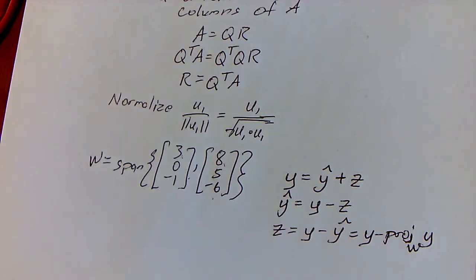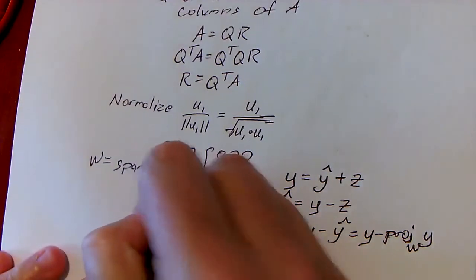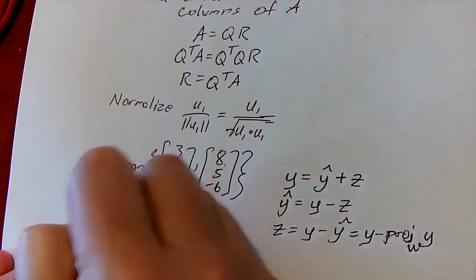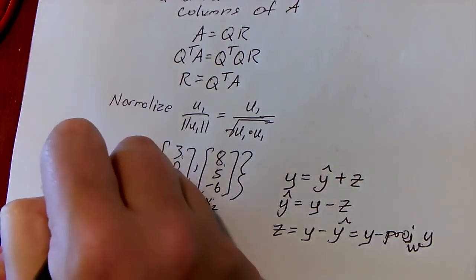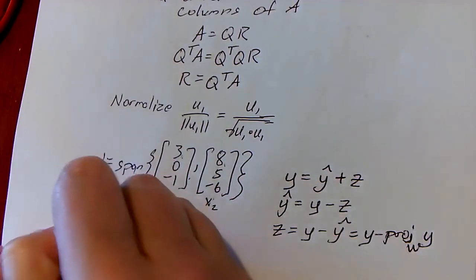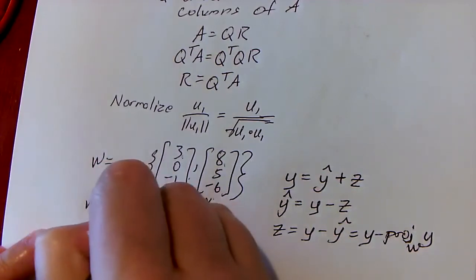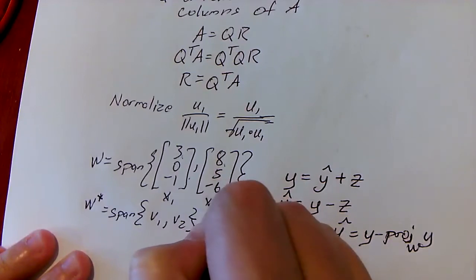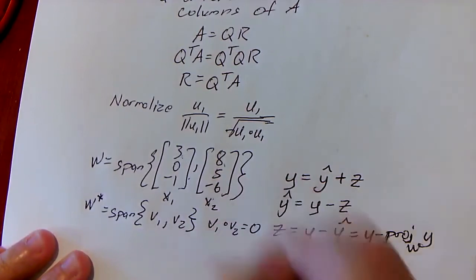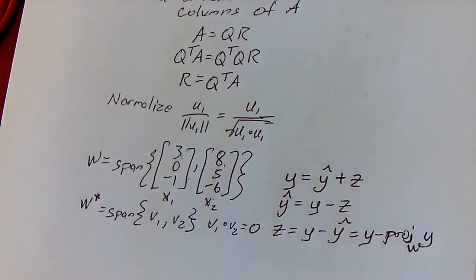So in order to get this orthogonal vector, I'm going to name these vectors. This is going to be x1, this one's going to be x2. So my orthogonal basis now, we'll call this W star for orthogonal, one. It's going to be the span of two vectors, which I'll call V1 and V2. And we need V1 dot V2 to be 0 because we need those vectors to be orthogonal.